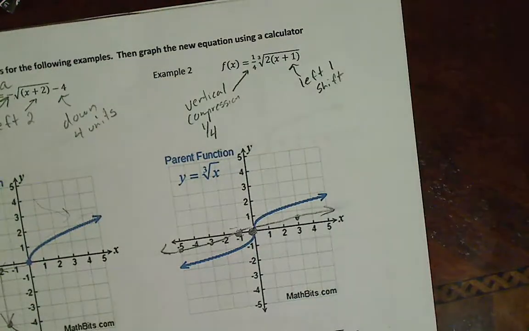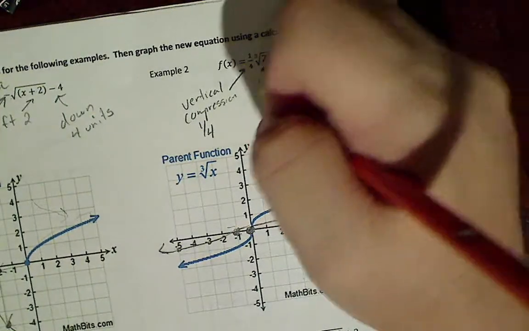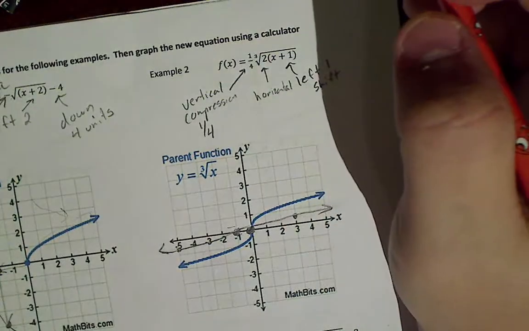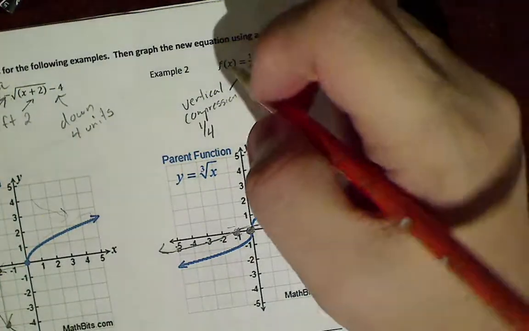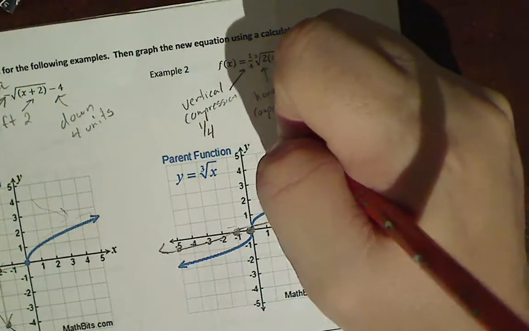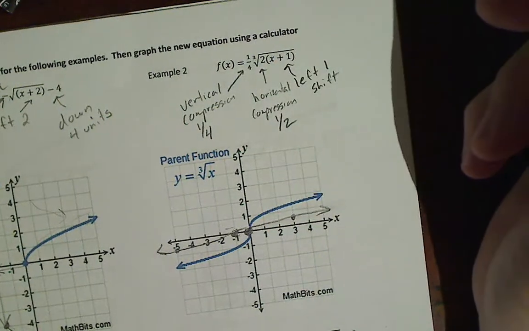And this B value is a horizontal compression of 1/2. I know that one's a little confusing.